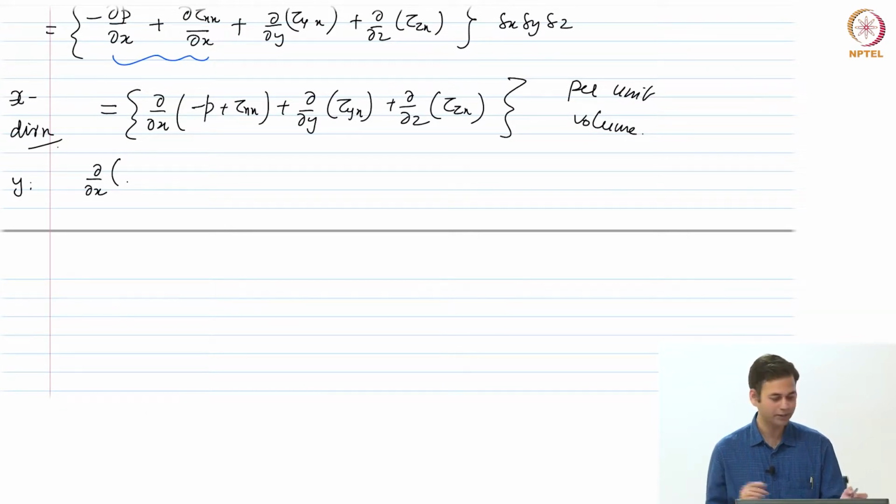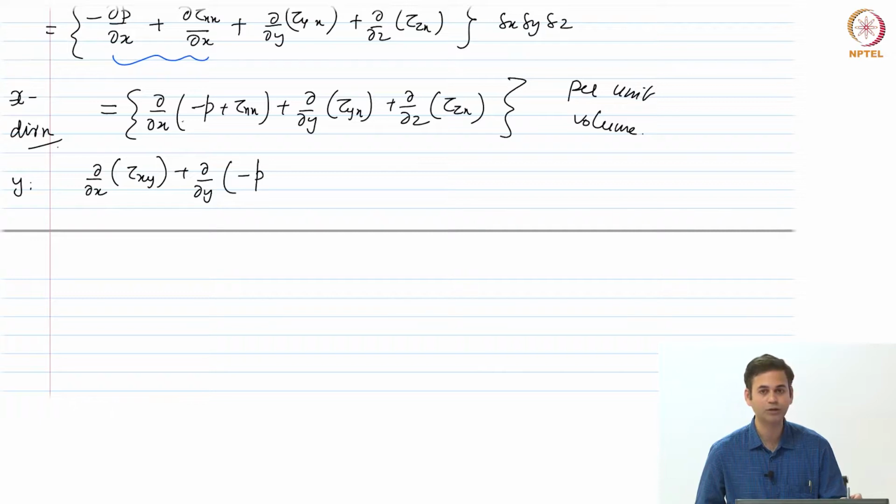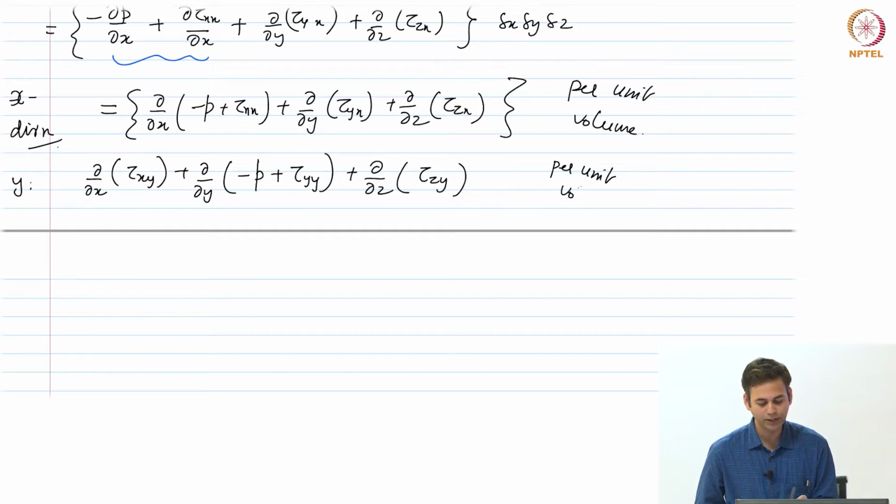So, this will be partial x tau xy plus partial y, you would get the minus p, similar to the previous one, plus tau yy plus partial z tau zy. This is again per unit volume, this is the force that is acting on the fluid element in the y direction. Now, what about the z direction?